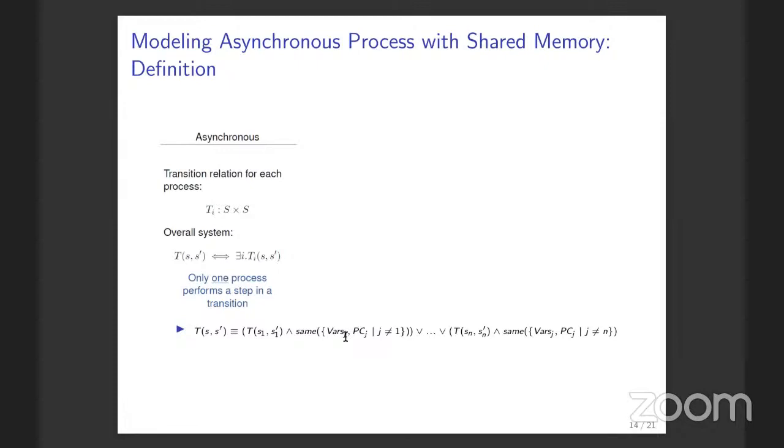Which one you pick is left non-deterministic. Okay, and that's why you will have n possible next states, corresponding to each of the possible processes that you can choose to schedule next.